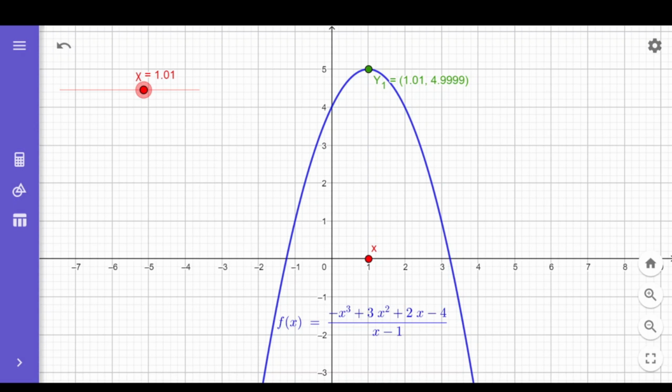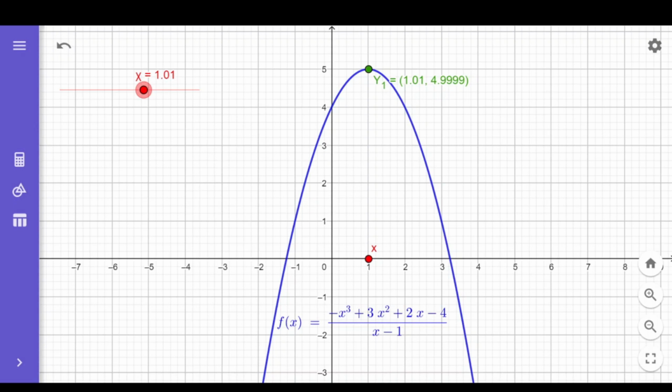Tama ba? So, from the right side pa yun, hindi pa natin nao-observe from the left side na. So, tama yun. Habang lumalapit ang x value natin from the right side of 1, yung y value niya ay lumalapit sa isang particular na number. That is 5.